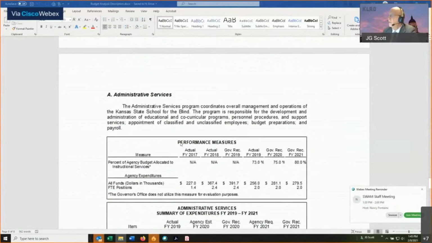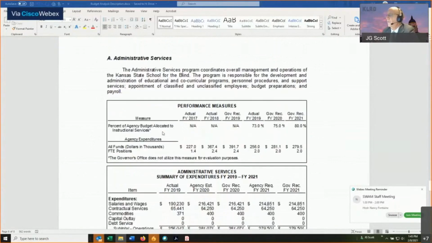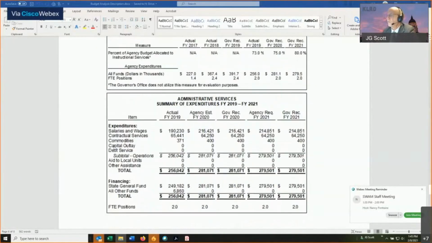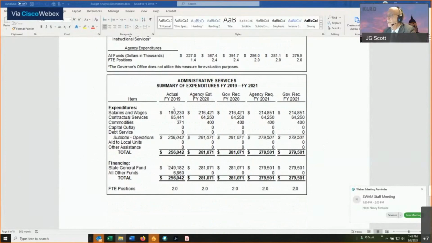And then we get into the different programs. This is something that frequently we won't get into in the budget analysis presentations because they take a fair amount of time, but it's the same type of information that we just talked about. Performance measures. It'll have what this program is expending in these different categories: salary and wages, contractual services, commodities.